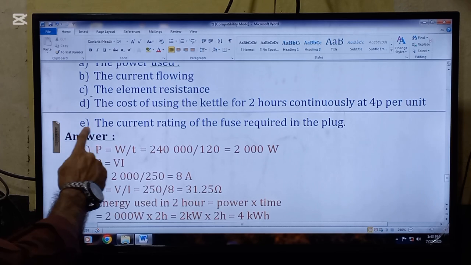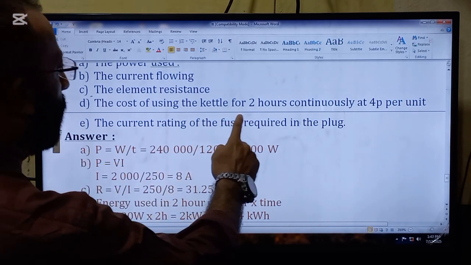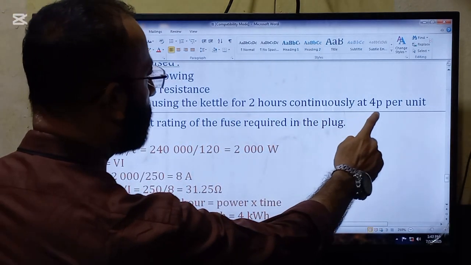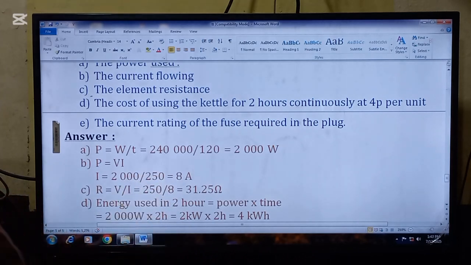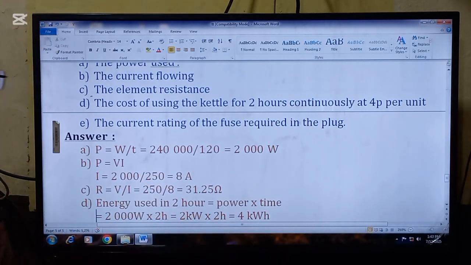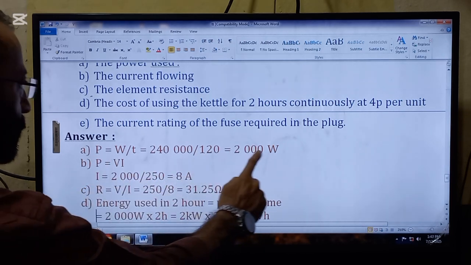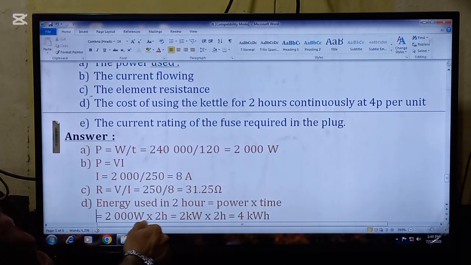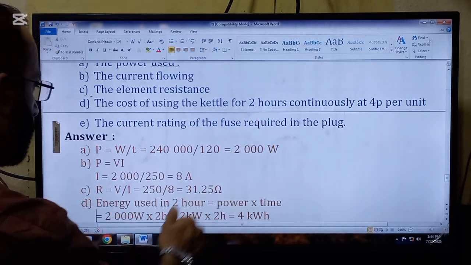The next thing is the cost of using the kettle for 2 hours continuously at 4 pence per unit. Energy used in 2 hours is equal to power multiplied by time. Power is 2000 watt multiplied by time, which is 2 hours.